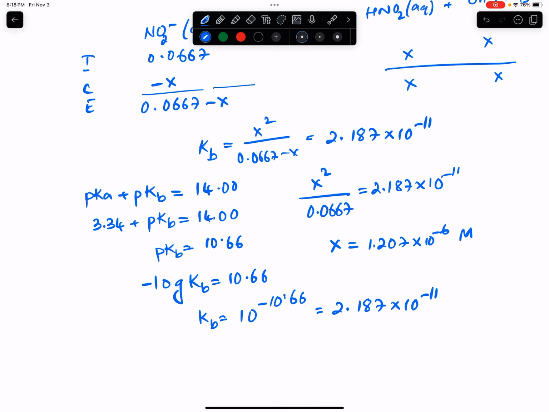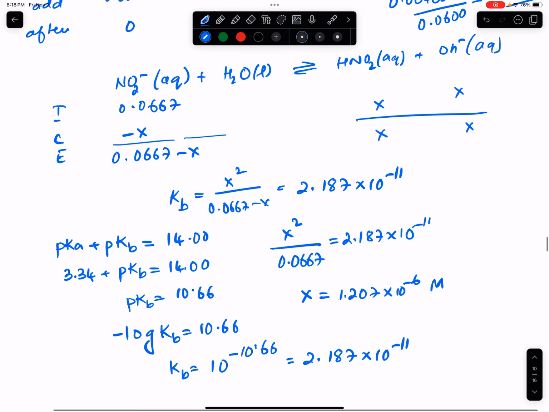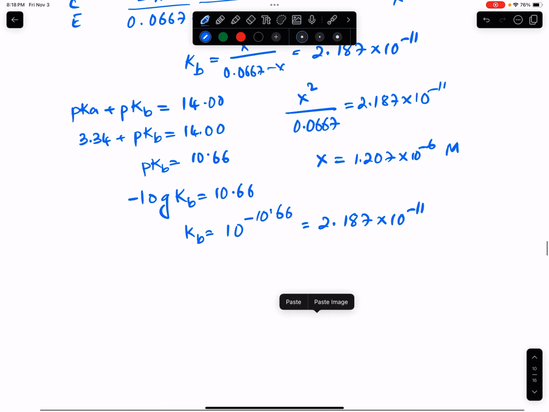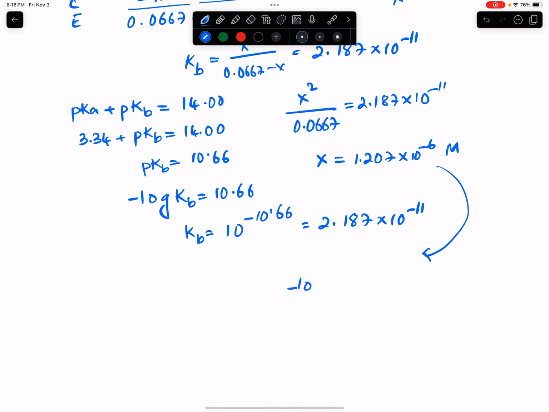This is the concentration of HNO2 as well as OH minus at equilibrium. But since we're interested in the pH, all we're going to do is take the negative log of the OH minus concentration, which is negative log of 1.207 times 10 to the negative 6, which is equal to 5.92.